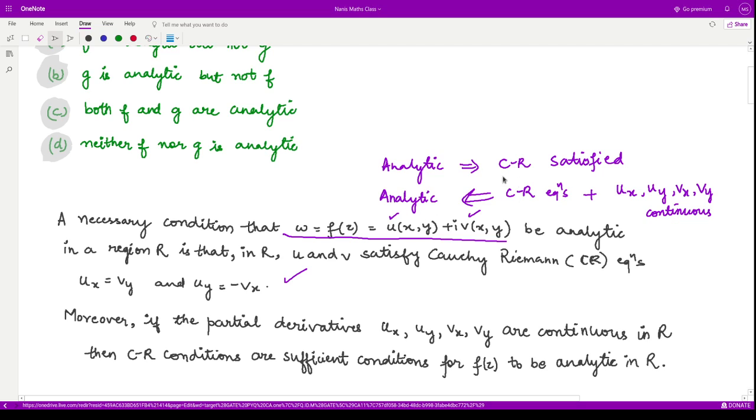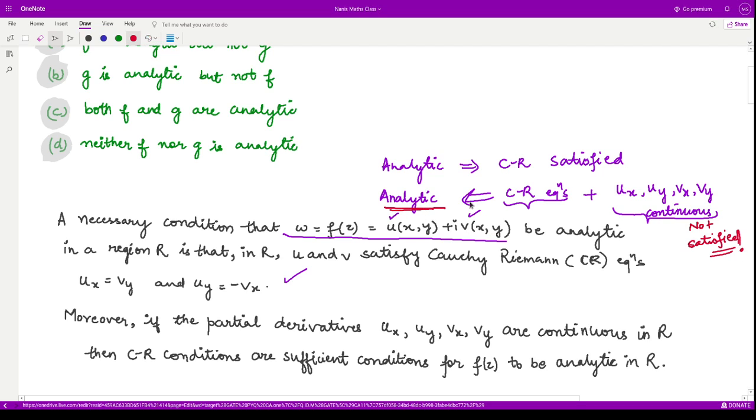So if we are to tell whether the function is analytic, and any one of these two conditions is not satisfied, then we can clearly conclude that this function is not analytic.